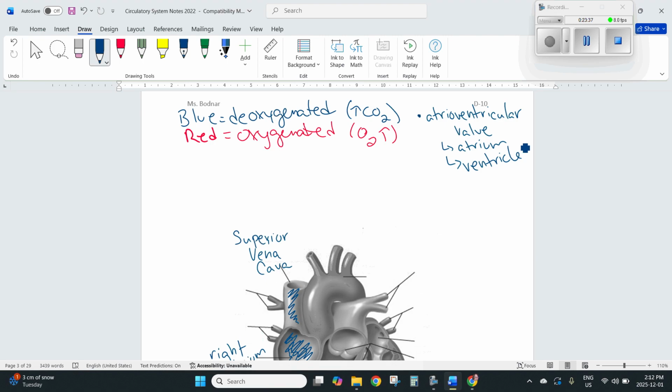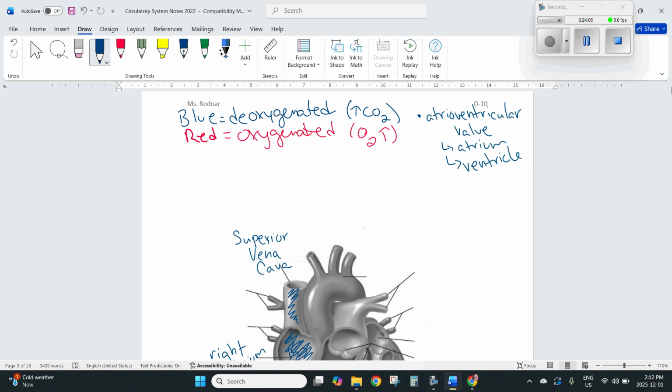Any valve that is located between an atrium and a ventricle is technically called an atrioventricular valve, but we have different names for specific valves located in the heart. The atrioventricular valve between the right atrium and the right ventricle is called the tricuspid valve or the tricuspid atrioventricular valve. You could see any one of those on a test.